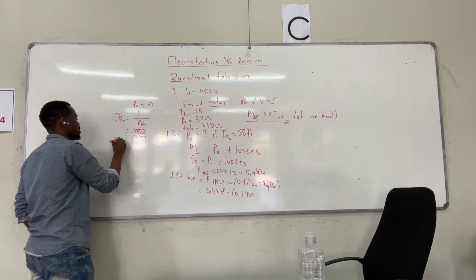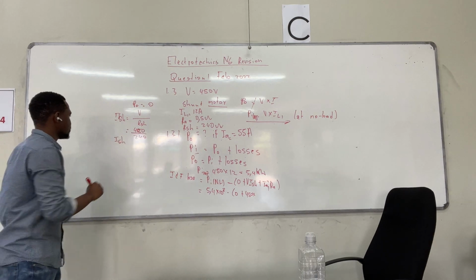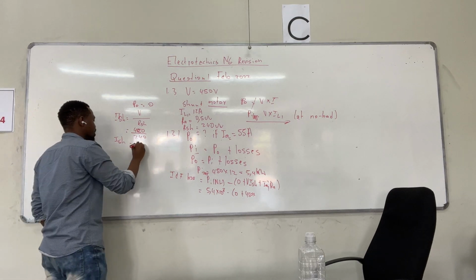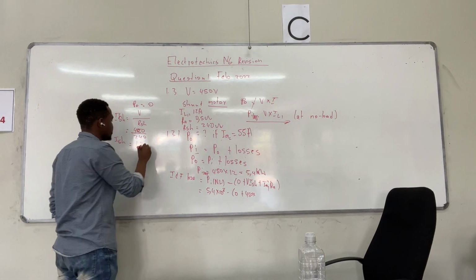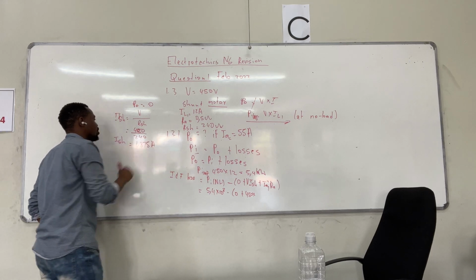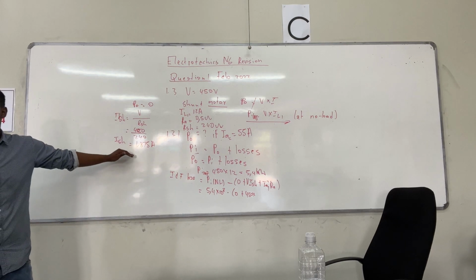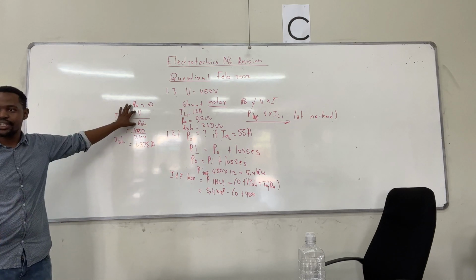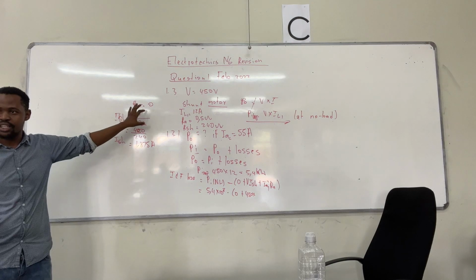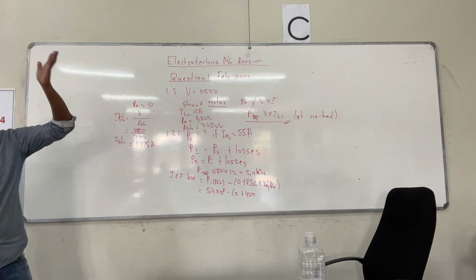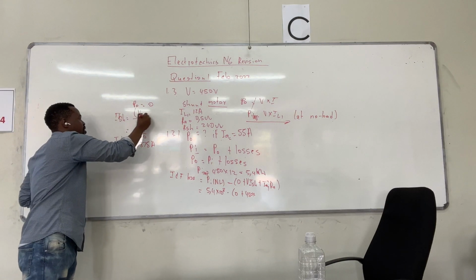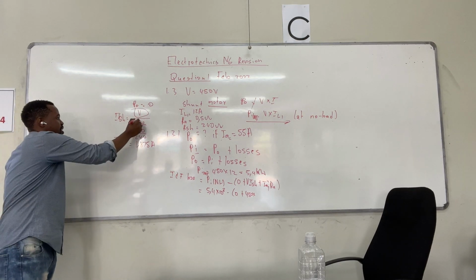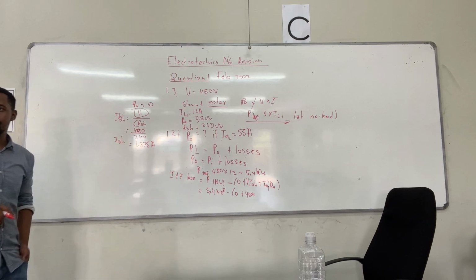What is I shunt? 1.875 amps. The shunt copper loss does not change because the shunt current is always the same. The only time we could change it is when we change the supply voltage or the resistance of the shunt circuit.